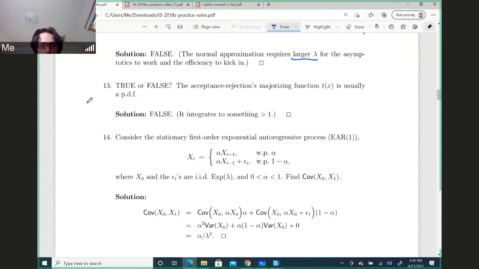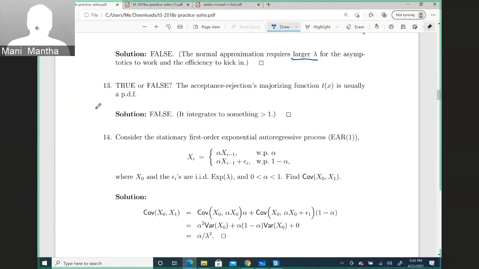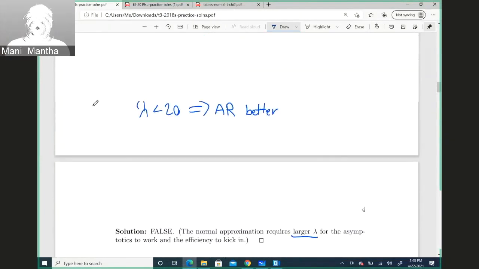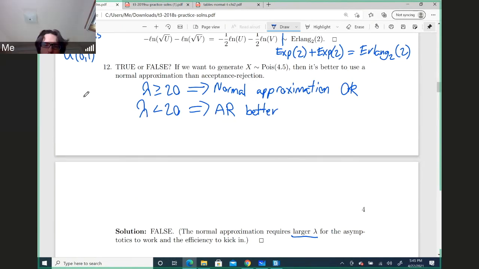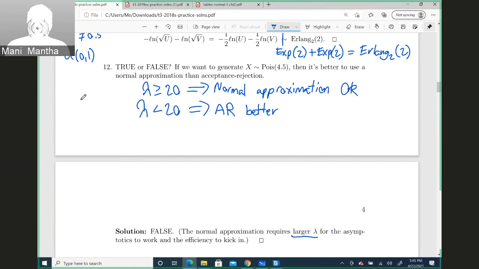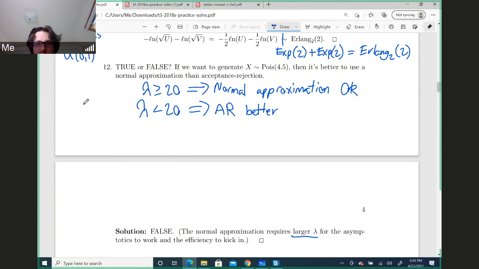Are there similar values for different types of distributions where normal approximation would be better versus not better? Or is it only for Poisson, where like you mentioned, lambda is 20? This is just a rule of thumb, right? But for different distributions, there will be different values for sure. I agree.